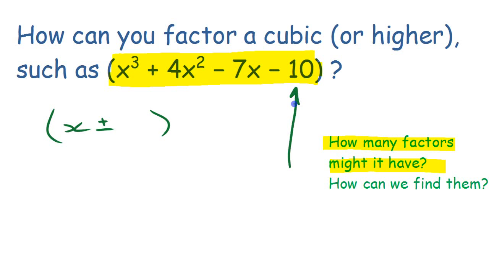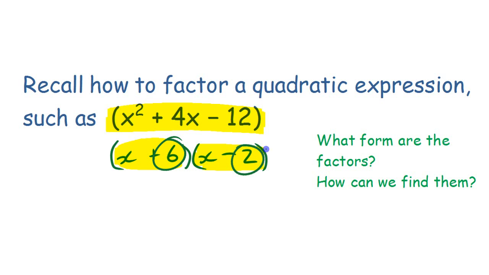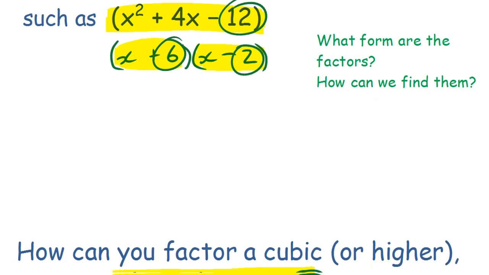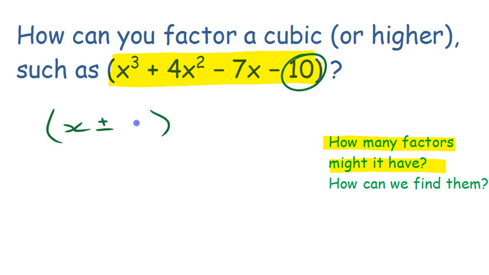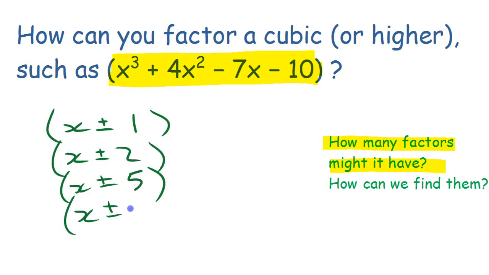If that's a 10, the numbers we're looking at have to be factors of that number, just like before, for that quadratic, the numbers in there had to be factors of that 12. So here are my possible factors. It could be x plus or minus 1, x plus or minus 2, x plus or minus 5, or x plus or minus 10. It can't be 3, 4, or 7, because that wouldn't work here. Those are the only possible factors.